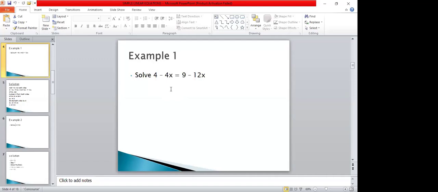Now, why is it that minus 4x and minus 12x are like terms? The reason is that 4 and 9 are like terms because they are just ordinary numbers. They do not contain x.